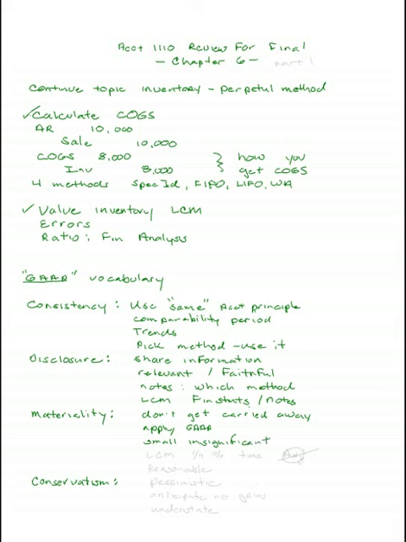An example might be you had a lower of cost or market adjustment from a test, but it was less than 0.25%. It was occurring less than 0.25% of the time.